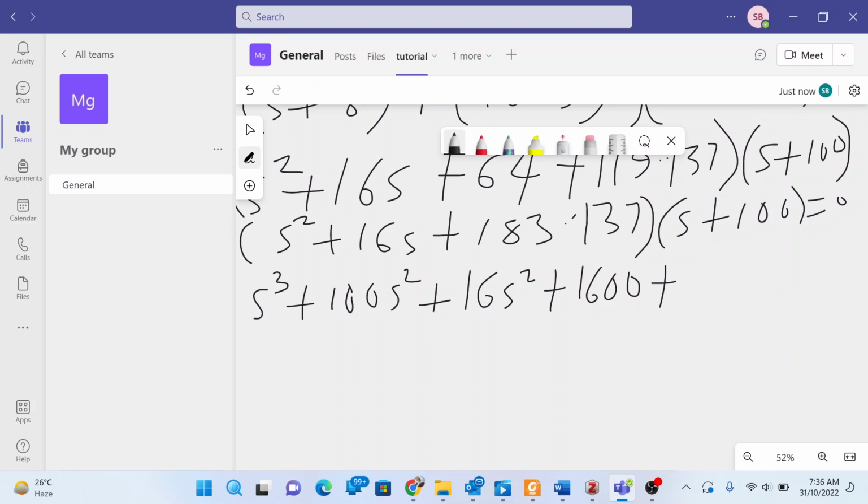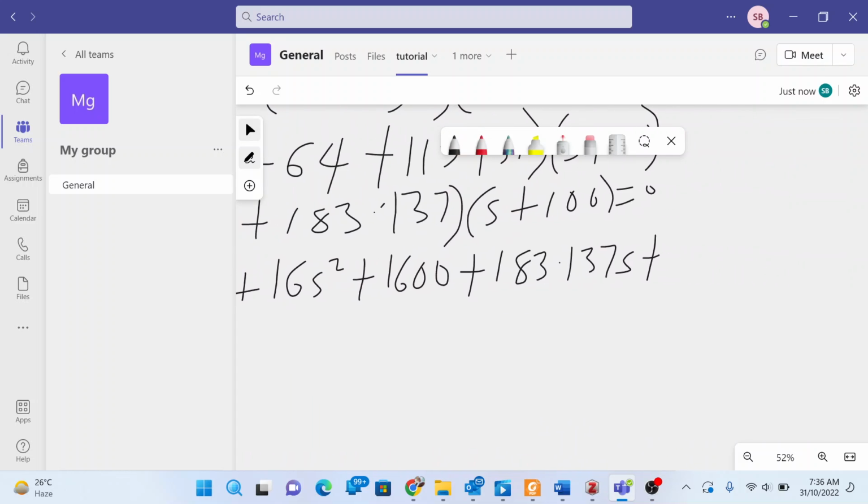Then we also use 183.137 to multiply S and 100, so that will be 183.137S, then plus, when this multiplies 100, it's going to be 18313.7 equals 0. So that gives us this.